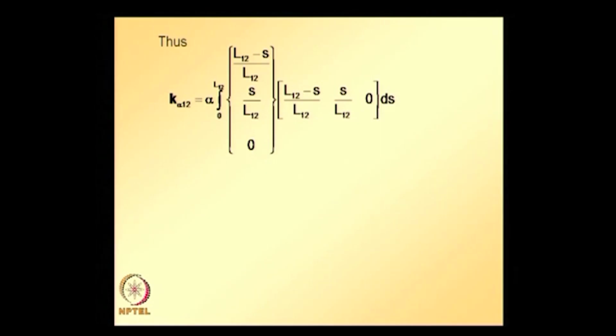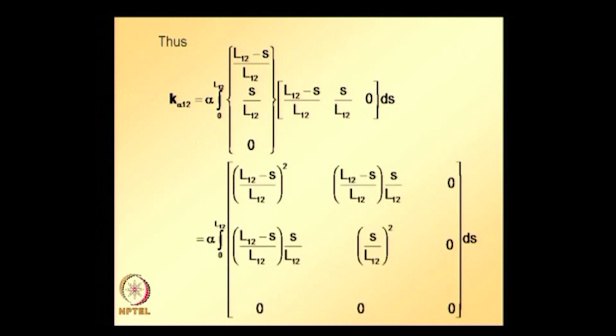we get this one. Carrying out the vector multiplications, we are going to get this matrix, and still this needs to be evaluated over side 1 2, that is s going from 0 to length of side 1 2.